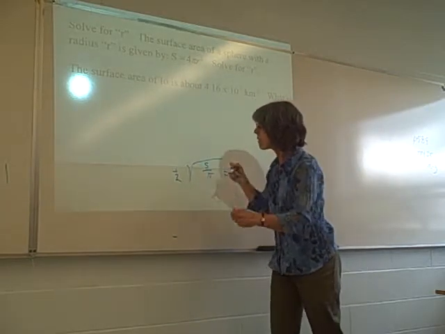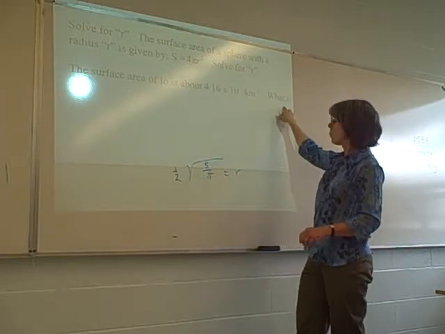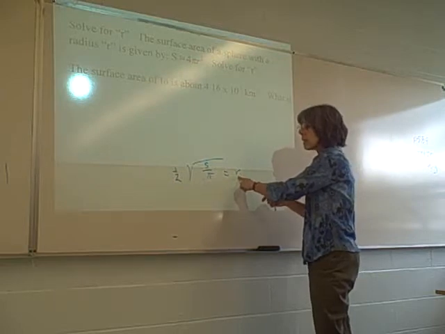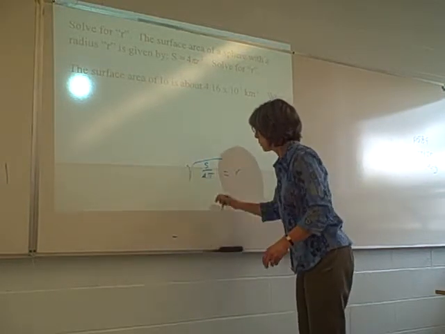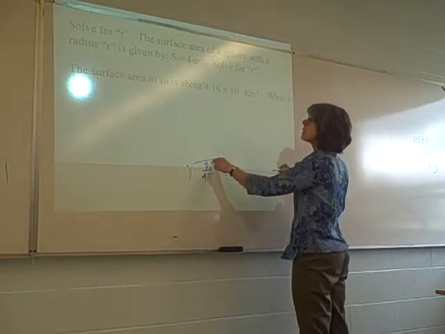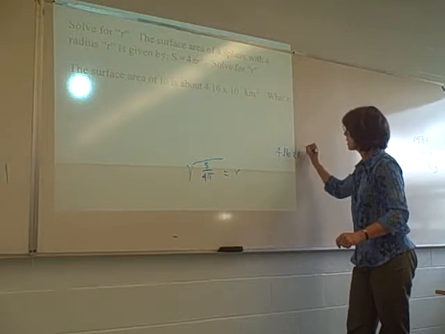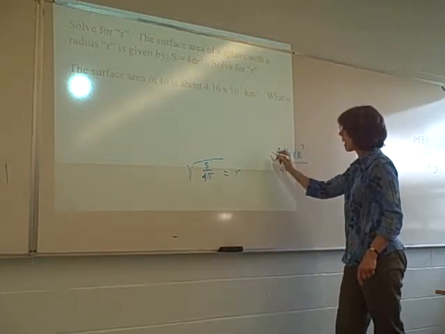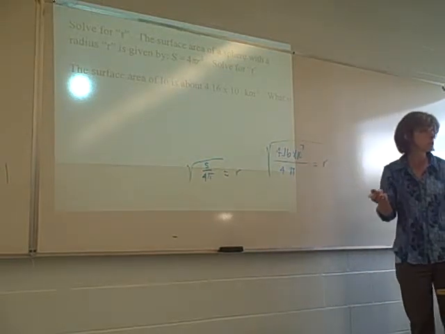What are they giving me? The surface area is here, and what is the radius? Since I have the radius by itself, it doesn't matter what you've used. If I know that the surface area is 4.16 times 10 to the 7th, and it's being divided by 4 pi, I'm going to take the square root, and that will give me the radius.